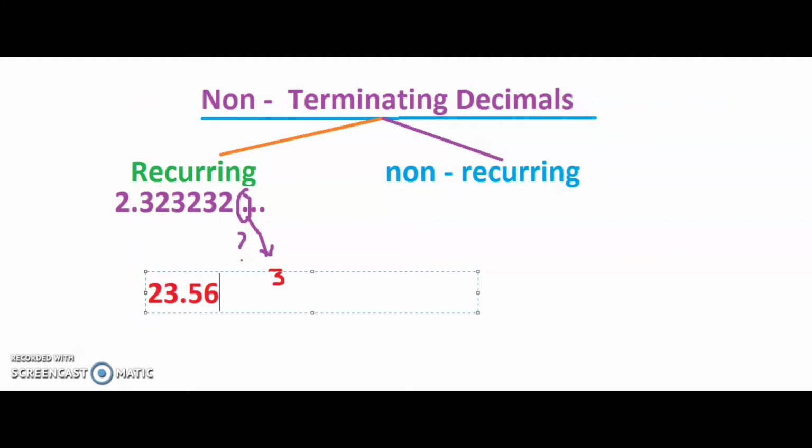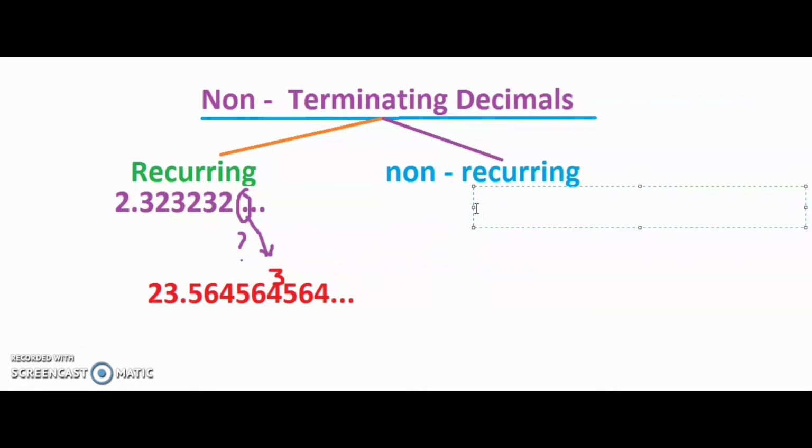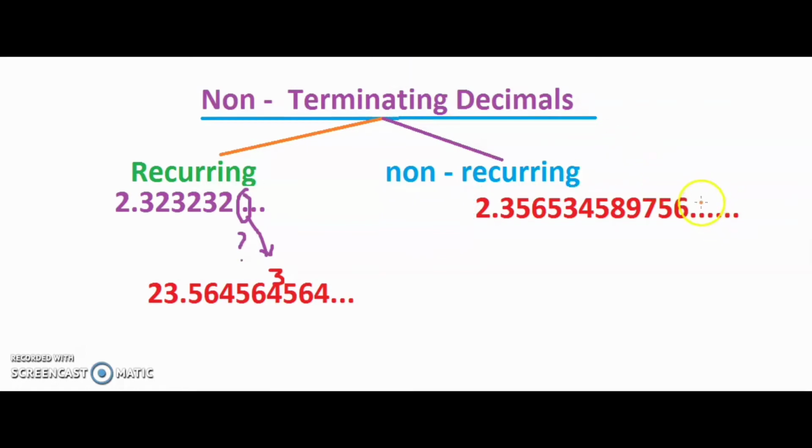Like 23.564564564 etc. You can find a uniform repetition of digits. They are recurring. But when we consider some examples like 2.35653458975 etc., there is no uniformity in the arrangement of digits, so we won't be able to identify the next missing digit.